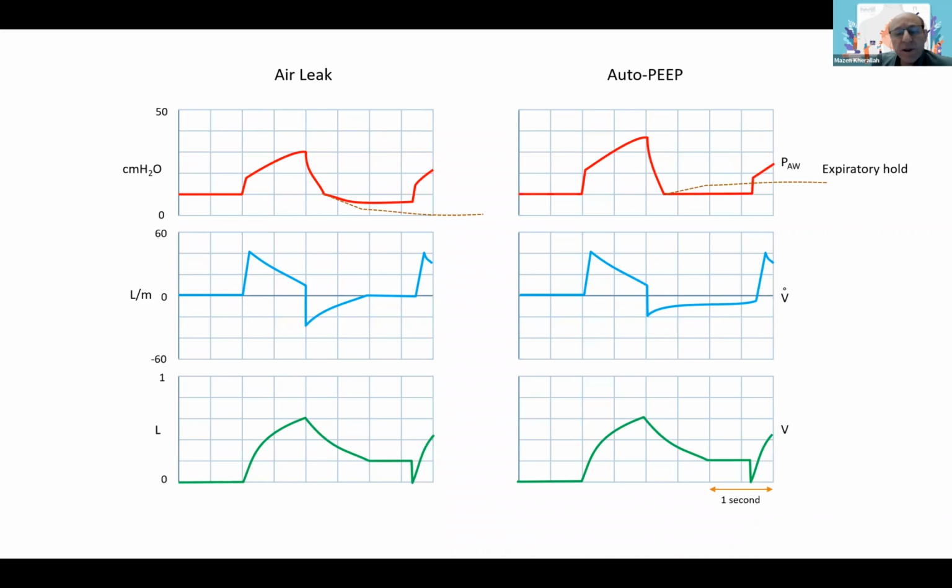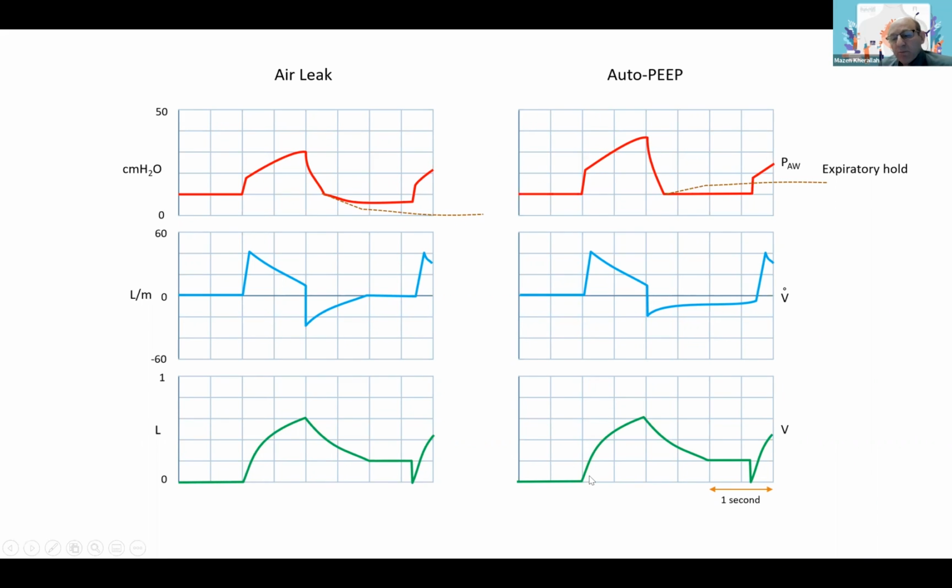Now, the last two things that I want to mention to you is the difference between air leak and auto PEEP. If you're only looking at the volume over time curve, you won't see any difference. Again, think about it. In the air leak, we put 500, we got out 400, we lost 100 outside the lungs.